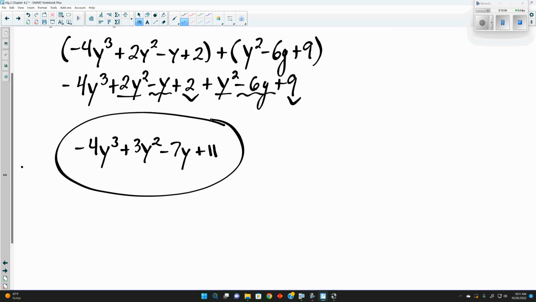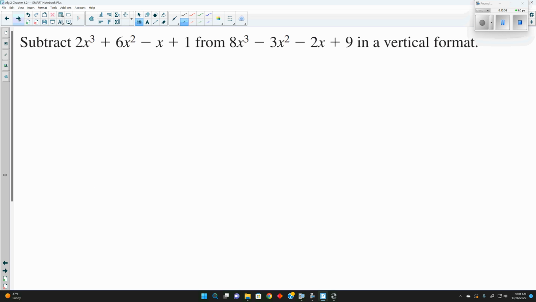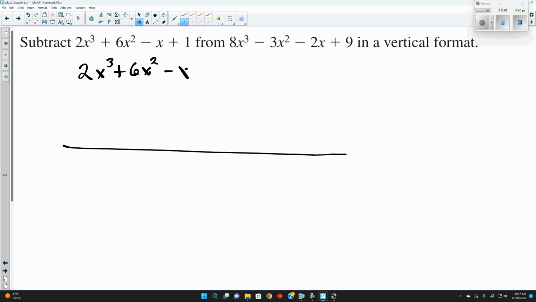Are you ready for the next one? Because we're going to change from addition to subtraction. We're going to do vertical first. So we can put 2x to the third plus 6x squared minus x plus 1 on top. And we're subtracting it from 8x cubed minus 3x squared minus 2x plus 9.